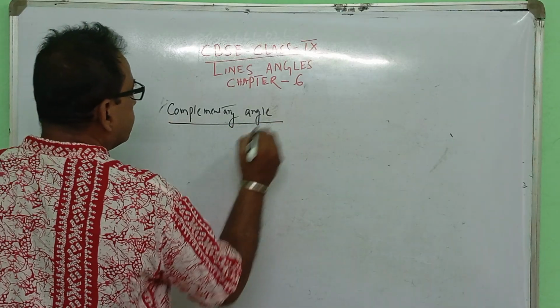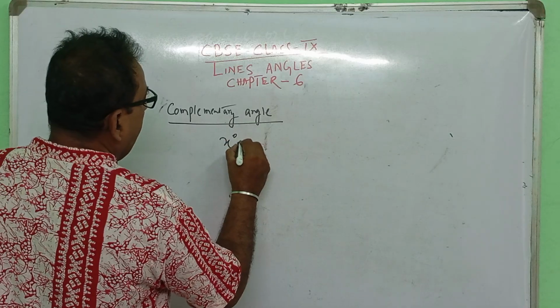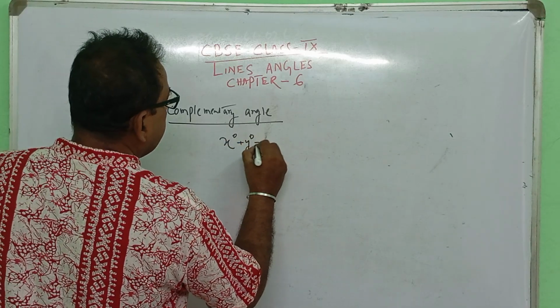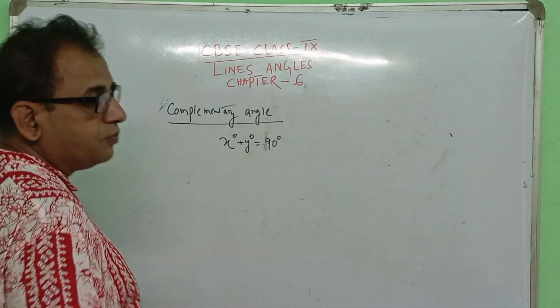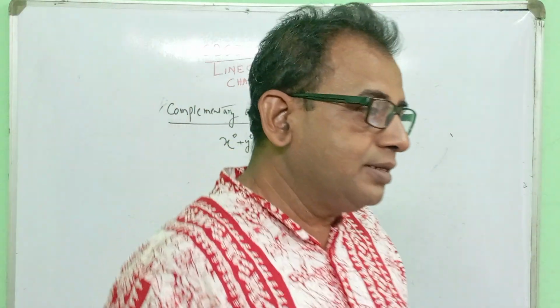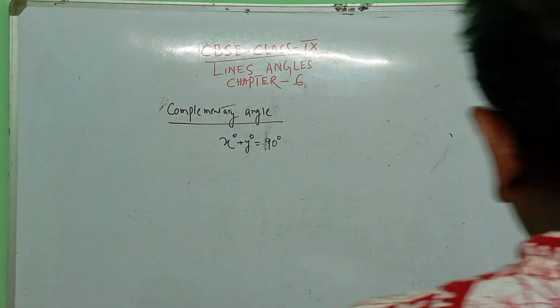Complementary angles. If x is an angle and y is an angle, and x plus y is equal to 90 degree, that means if the sum of two angles is 90 degree, then it is called complementary.